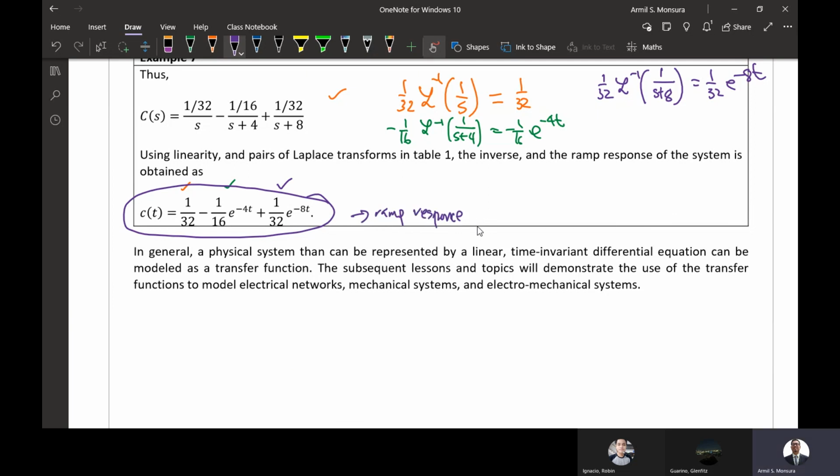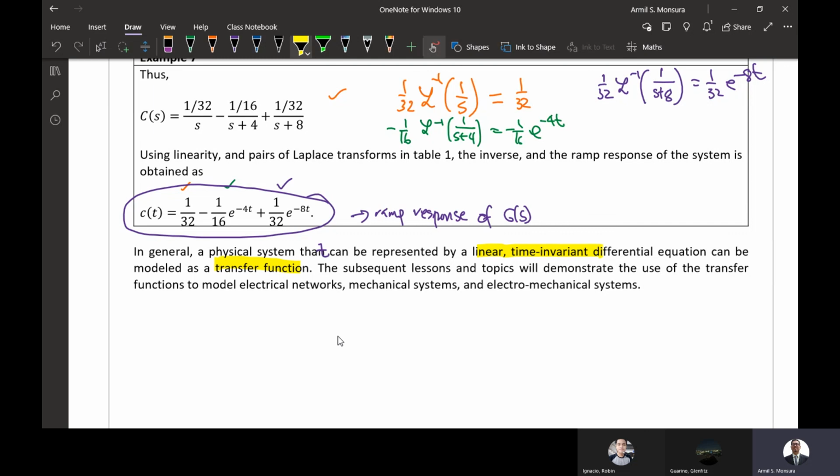So, ramp response of G of s. So, in general, a physical system that can be represented by a linear time invariant differential equation can be modeled as a transfer function. As long as the system is linear and time invariant, or as long as the differential equation is linear and time invariant, it can be modeled as a transfer function.